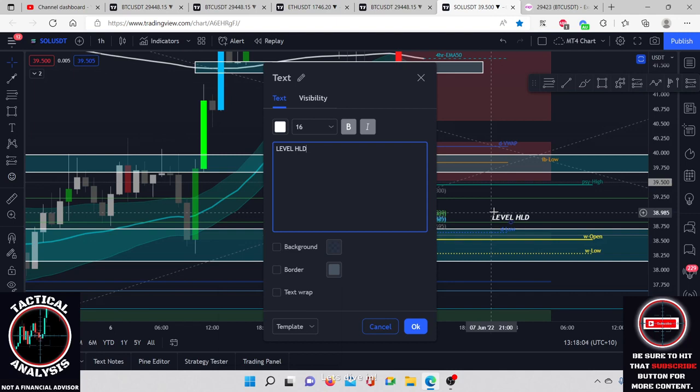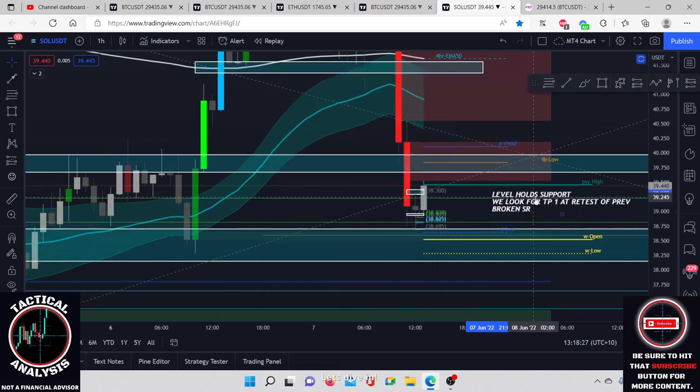Level holds support. We look for TP1 at retest of previous broken SR. Okay, right here. Bang.